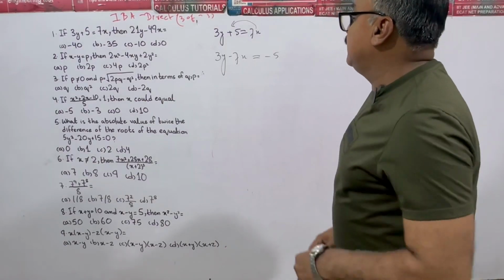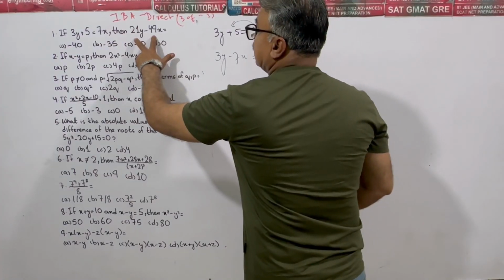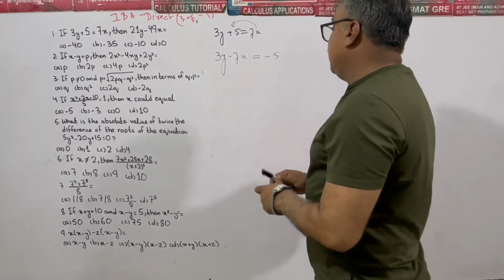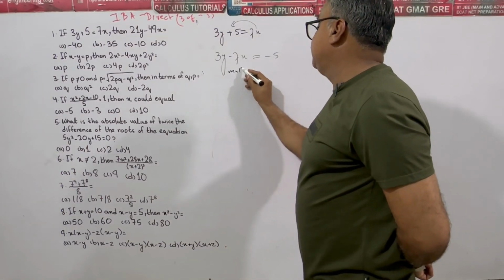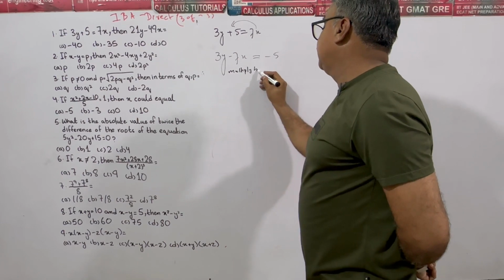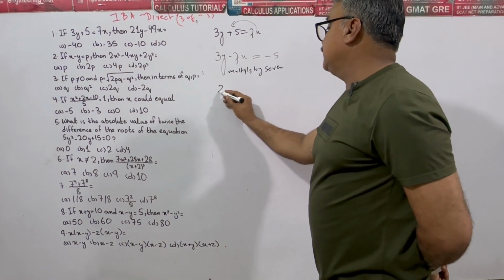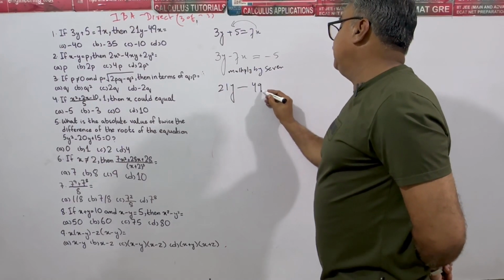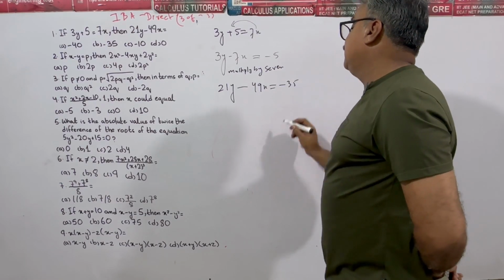One can easily sort it out. There is 3y minus 7x, and there is 21y minus 49x. If I multiply by 7 throughout, I have 7 times 3 is 21y, 7 times 7 is 49x, and negative 5 times 7 is 35.